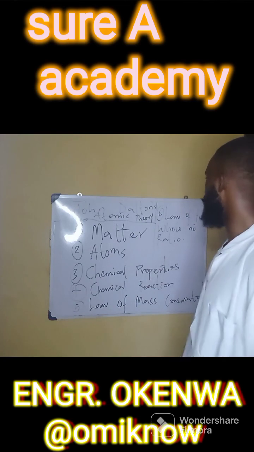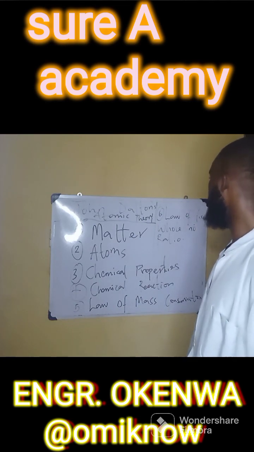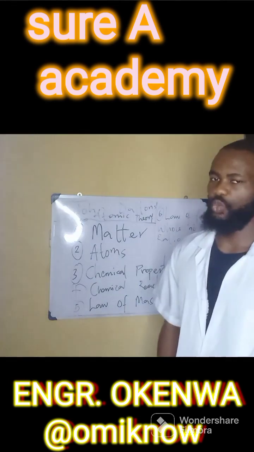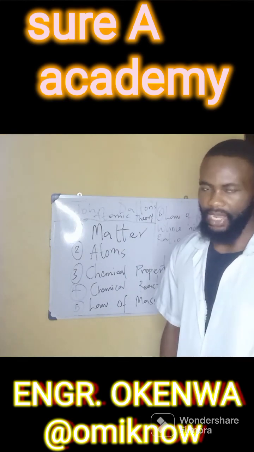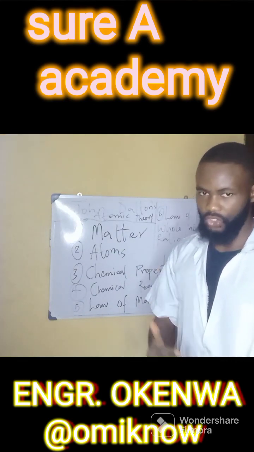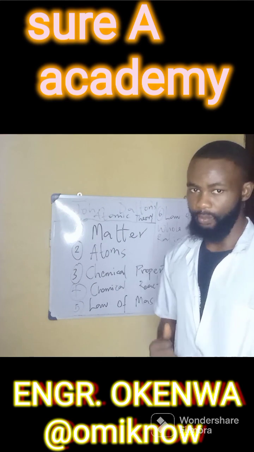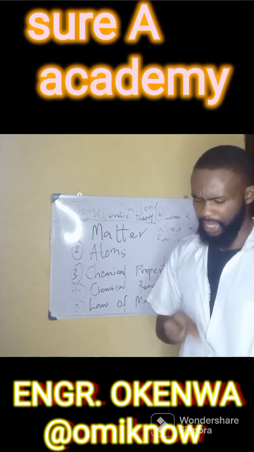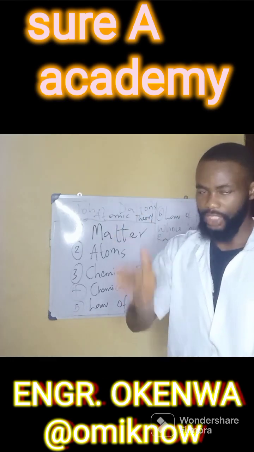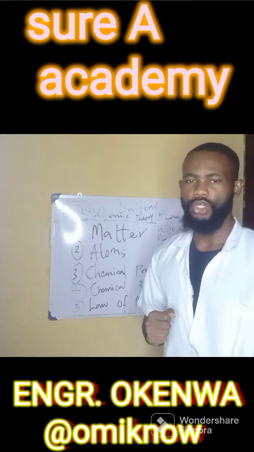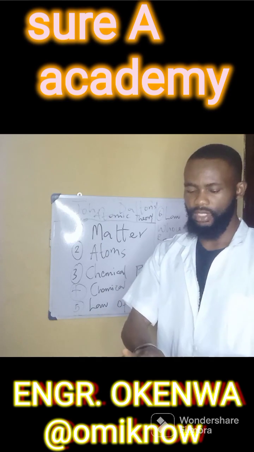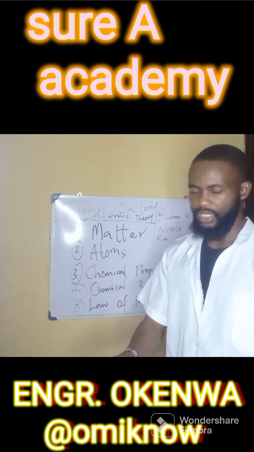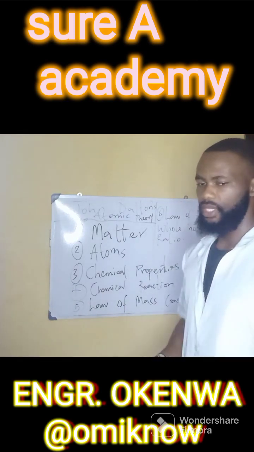Then the sixth one, which is the law of fixed whole number ratio. He stated that when atoms combine, they do so in fixed whole number ratio. What this means is that you cannot bring carbon and say you want to cut carbon into two so that you can get something half of carbon, then use it to make a chemical reaction.